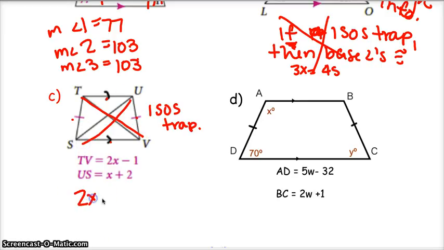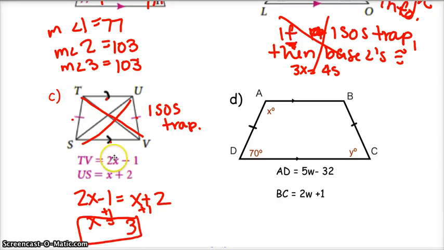And one of the properties of an isosceles trapezoid says that the diagonals are congruent. So we can set up the equation, minus the x. If I add the 1 to the other side, x equals 3. It didn't ask you to, but if you were to plug it in here, that's going to give us 5. Plug it in here, that's going to give us 5 because the diagonals are congruent in an isosceles trapezoid.